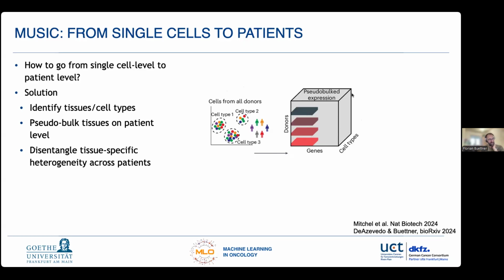So in each slice, I have the expression of a given gene in a given cell type for a given donor. Then I can do a tensor decomposition and learn these latent factors that tell me how donors vary across cell types.